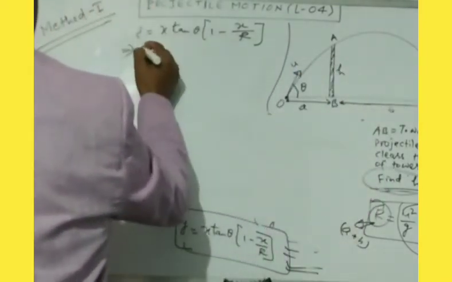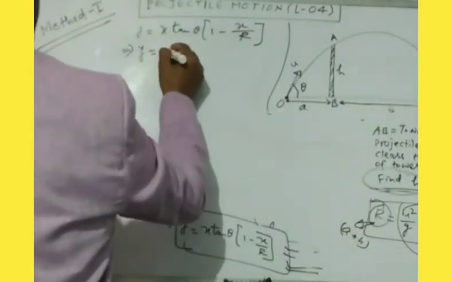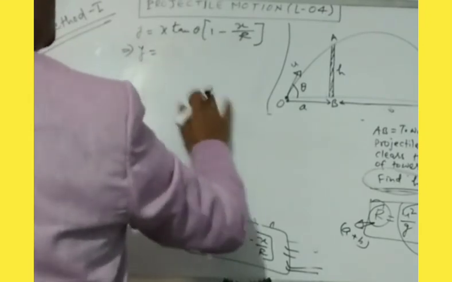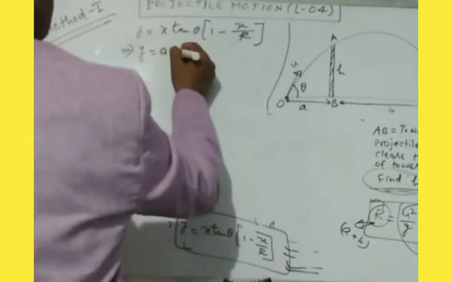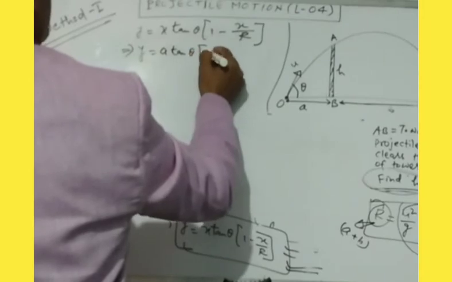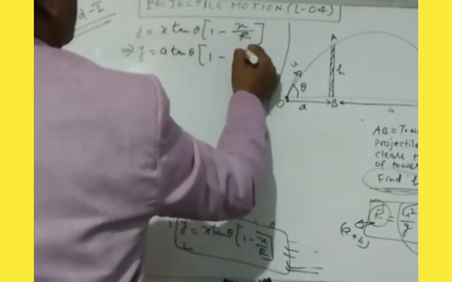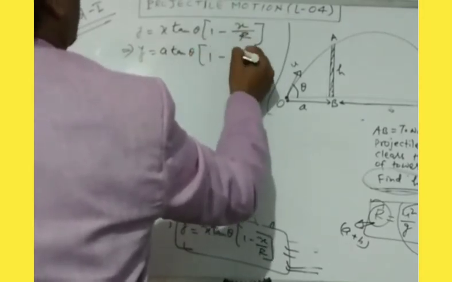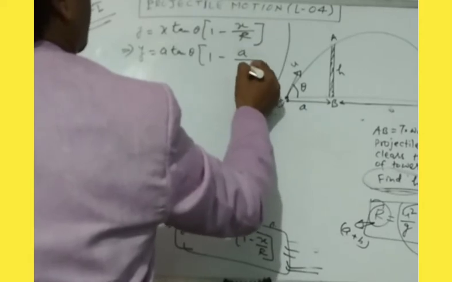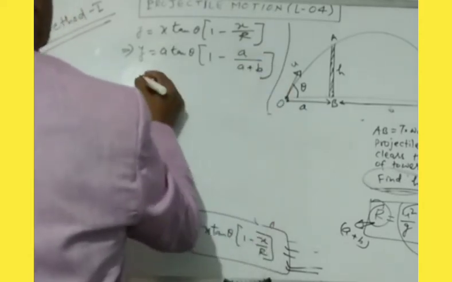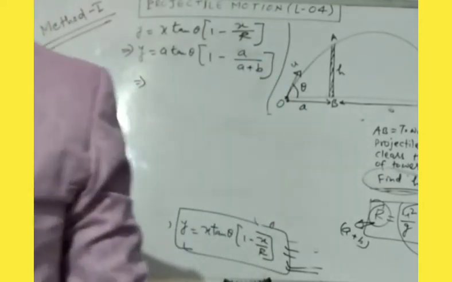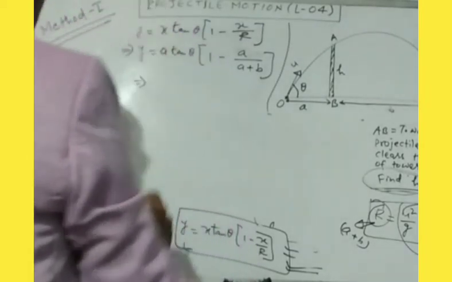So put it down: y equals, x means a, tan theta into 1 minus, x again means a, and R means a plus b. So what is the final result? And what is y here?